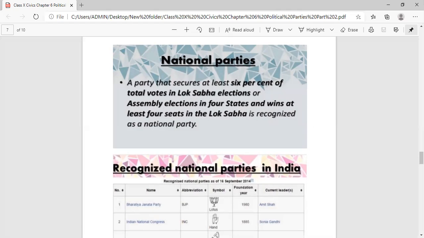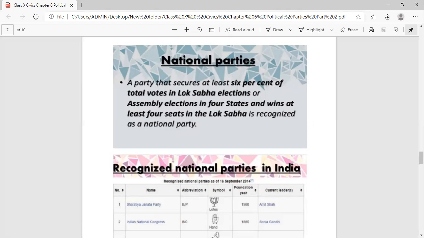On registering, they will get some special facilities. They would have a symbol that could be used only by the official members, which are recognized. So when we register the party as a national party or a state party, after registering they will get some special facilities, like a symbol.